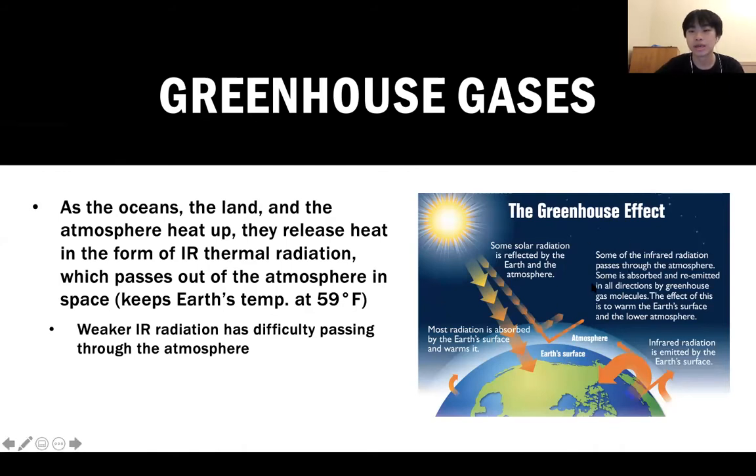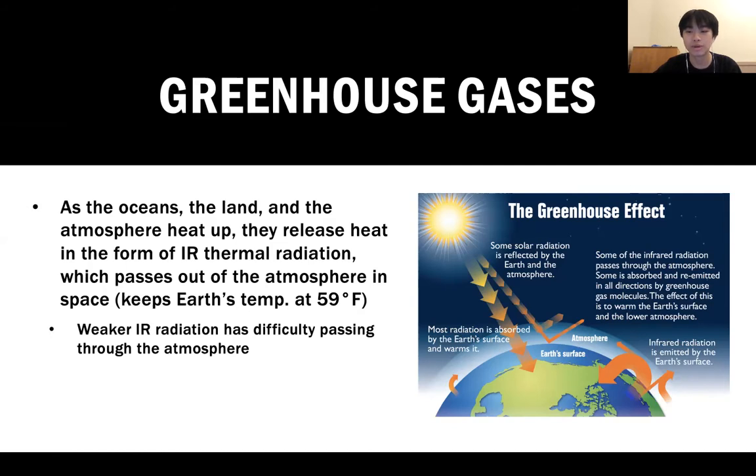So in the image to the right, we see some of the activities that are part of the greenhouse effect. Most radiation is absorbed by the Earth's surface and warms the surface. Some of the solar radiation is reflected by the Earth and the atmosphere. And we see here that some of the infrared radiation passes through the atmosphere.